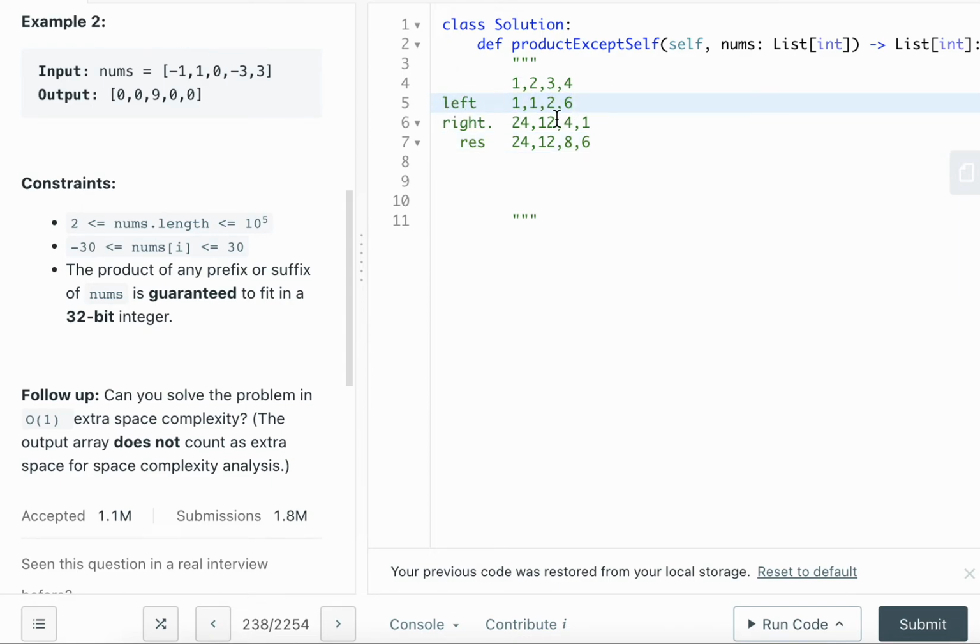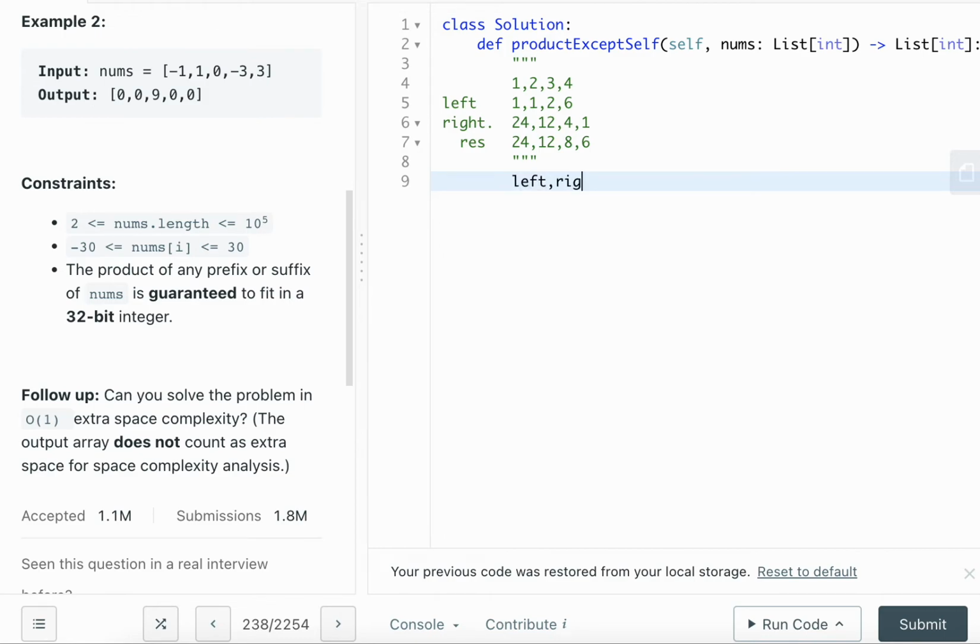So you basically don't use a left array and right array. You only have one answer array, and you calculate the right side on the fly and multiply it with the left side of the array. So you find the answer. That way you can save the space and meet the space complexity. I'm just going to show you how to do this in code using 3 arrays.